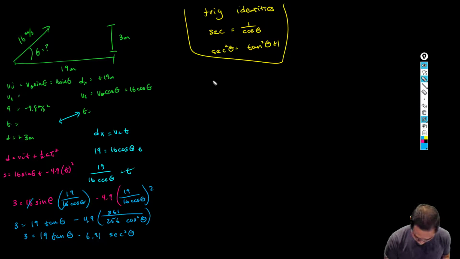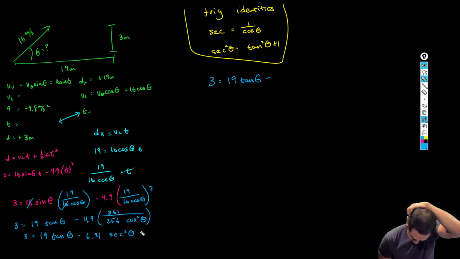So we have 3 equals 19 tangent theta minus, let me make sure I did my math right. I think so.